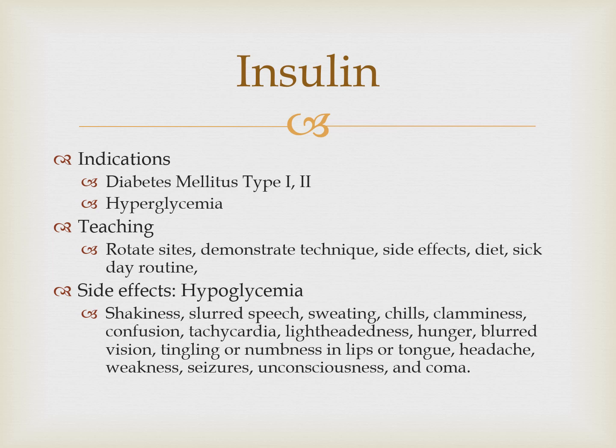But as far as what you see, you're going to assess their blood sugar, you're going to assess their neural status because they get shaky and have a hard time conversing, get a little bit confused, a little bit of slurred speech.